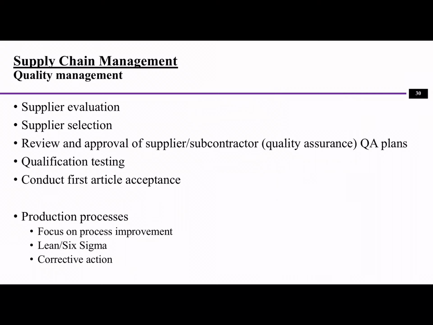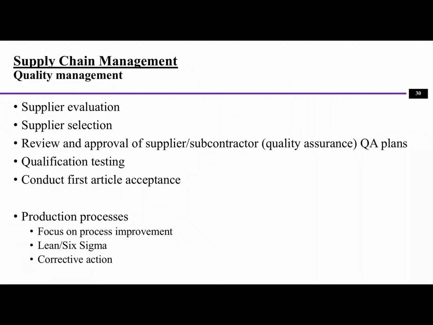So when we're talking about quality, quality management is another bigger issue. You can have supplier evaluation, with quality management embedded in supplier selection. When you are selecting suppliers, you also want to know what their quality is, whether they meet or exceed our standard, and all these qualification testings.